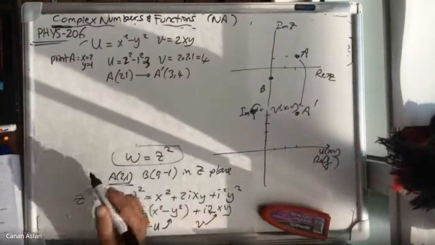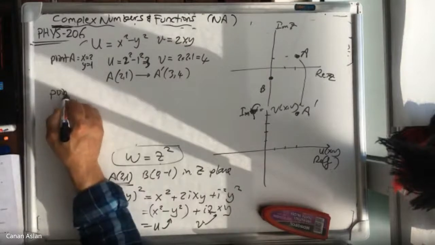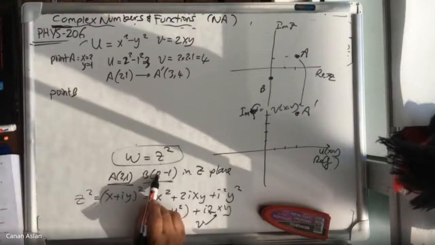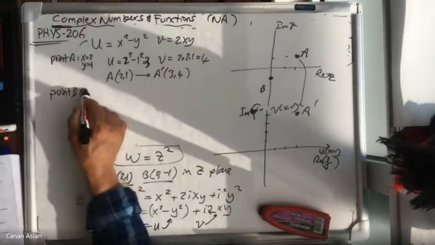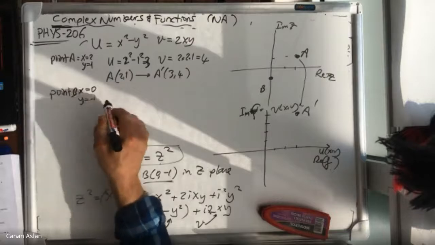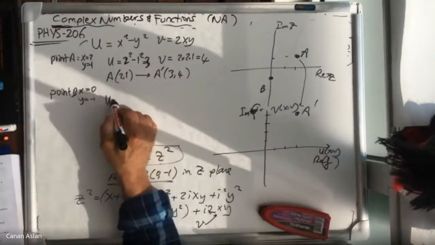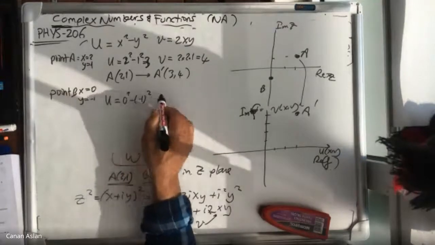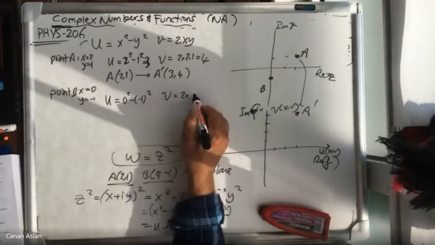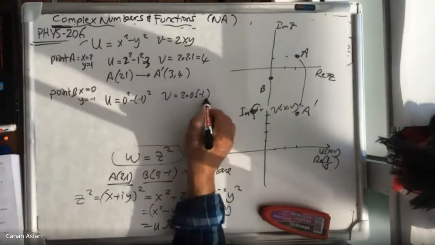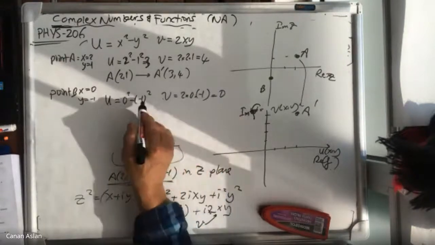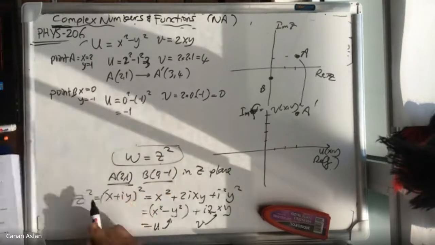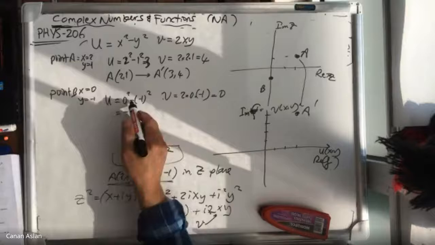And then let's find point B now. For point B, remember that x equals 0 and y equals minus 1. When we insert these values, u becomes 0 squared minus 1 squared, and v becomes 2 times 0 times minus 1, which gives you 0. v is 0, but u is just minus 1, because the square of minus 1 is 1, and there is another minus sign.